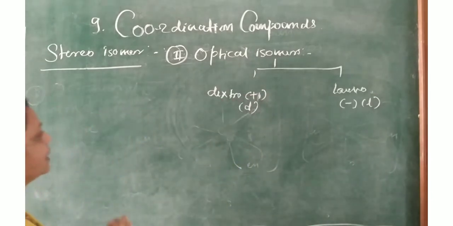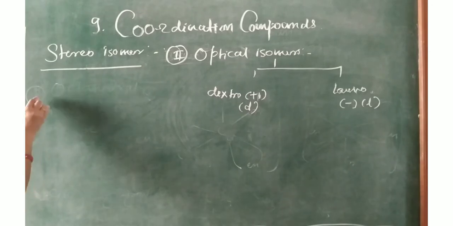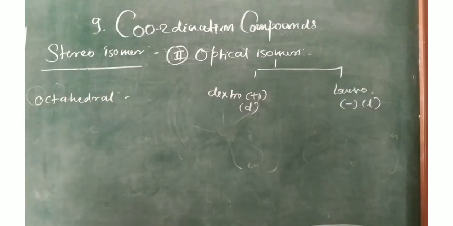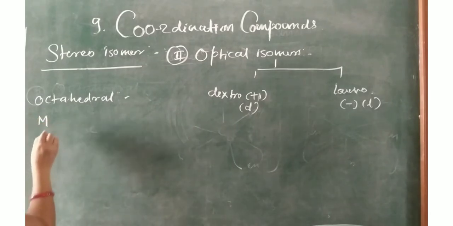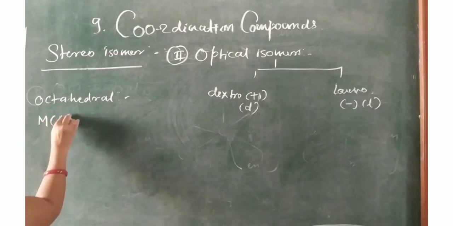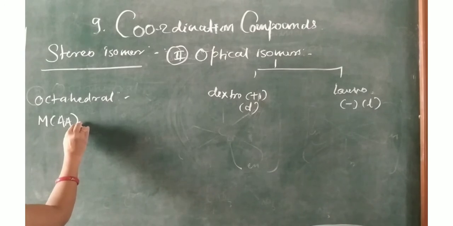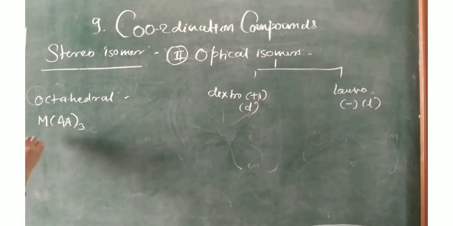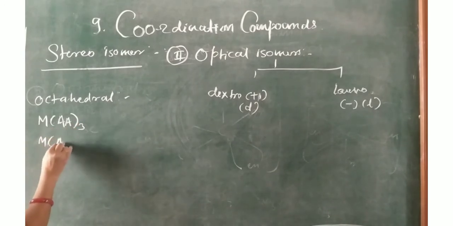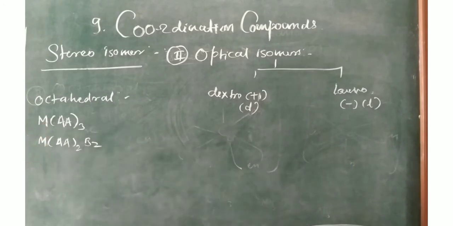Okay, so here optical isomers in octahedral complexes. In octahedral complexes, that is MA3 and MA2B2, these two types.